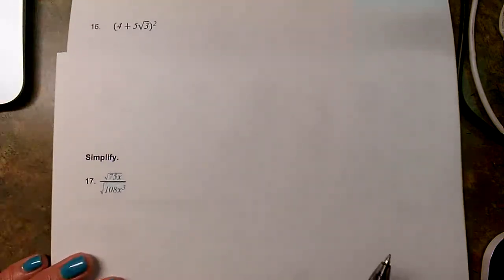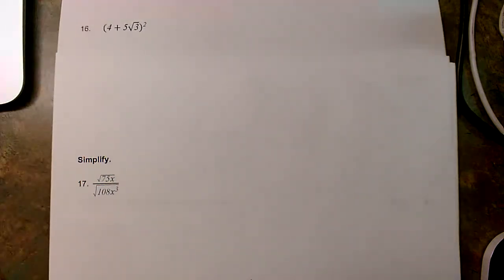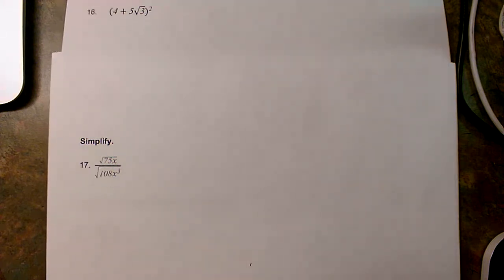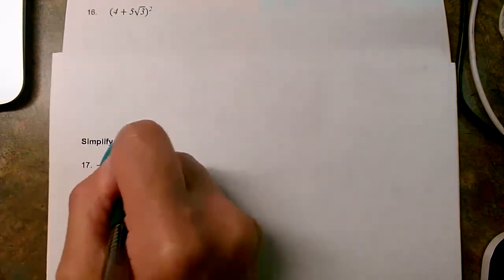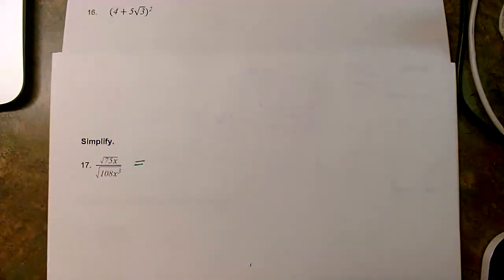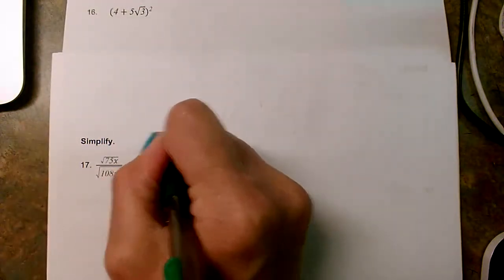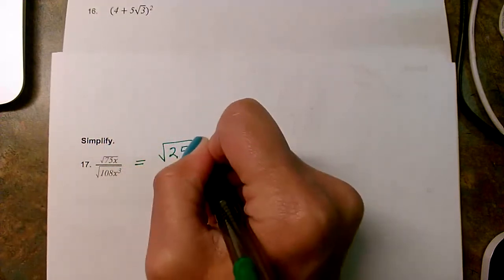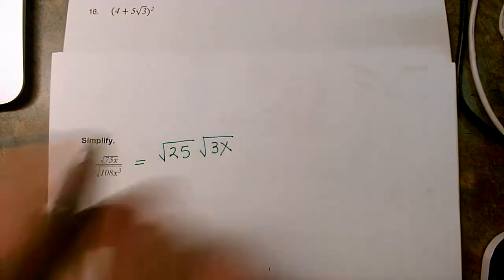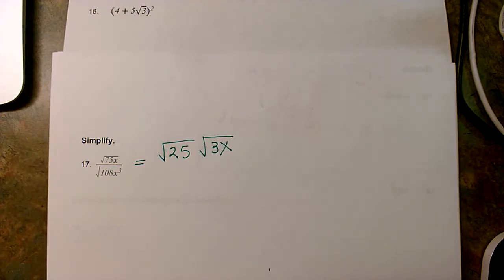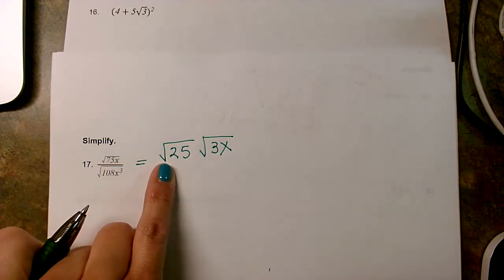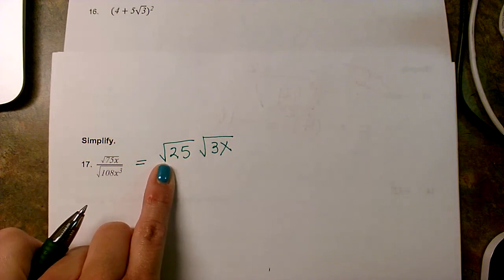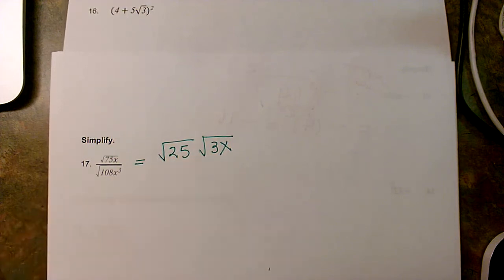Now let's do 17. It says simplified. Okay, so we know 75 we could express it as square root of 25 times square root of 3x, right? This is square root of 25, so it's 25 and 3.